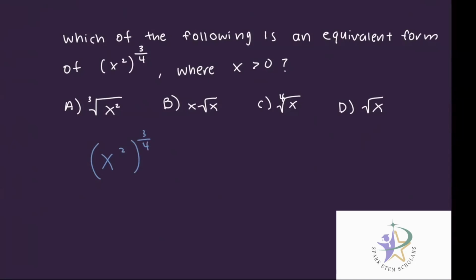First, you can use the product rule where you multiply 2 and 3/4. And 2 times 3/4 is equal to 6/4, which you can also simplify to 3 over 2. So right now you have x to the 3 over 2.